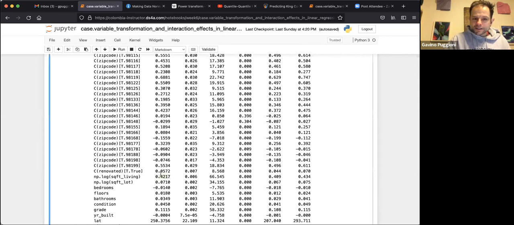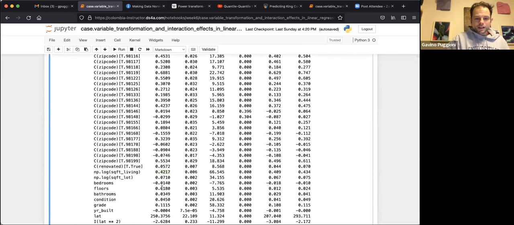The elasticity is still 0.42. So that has not changed that much, remember. And the year built is actually negative. So what we are saying here is that the more recent the house, the lower the price. What would be your possible explanation for this?